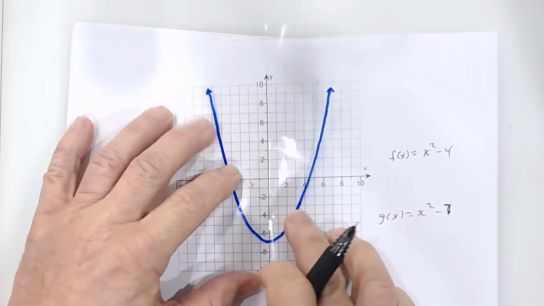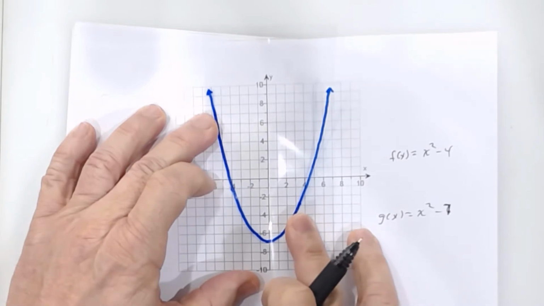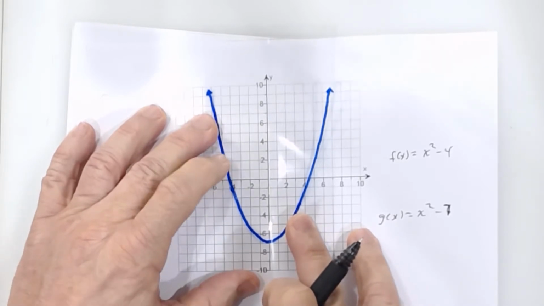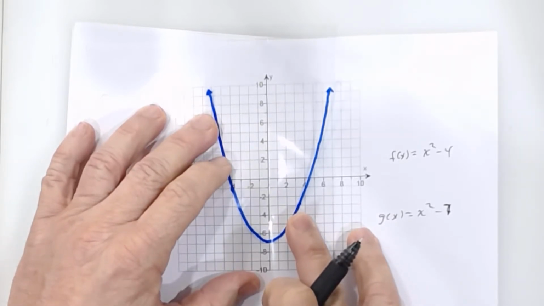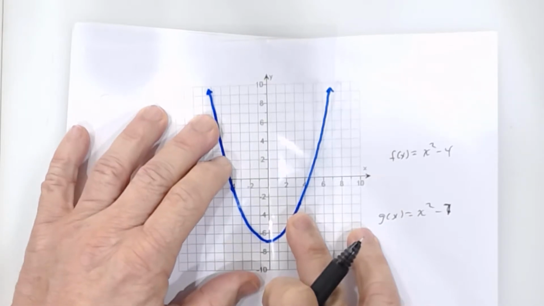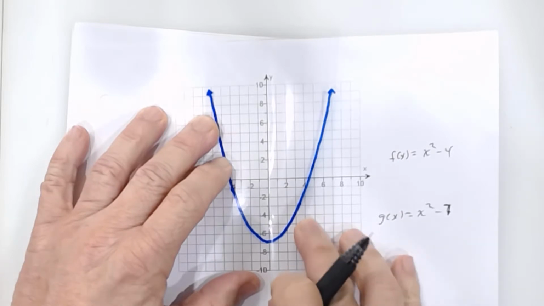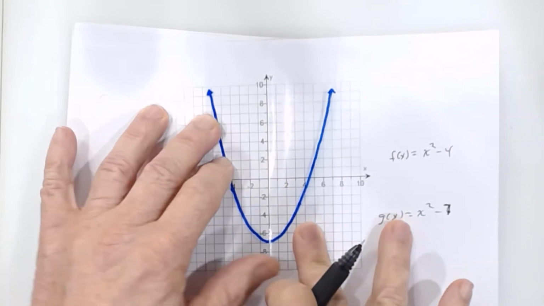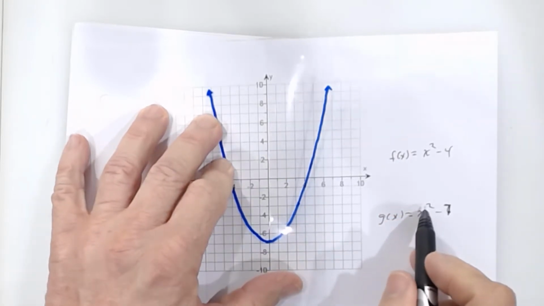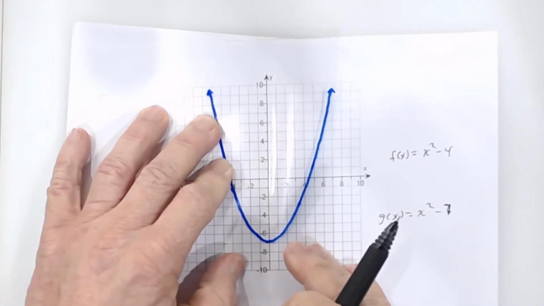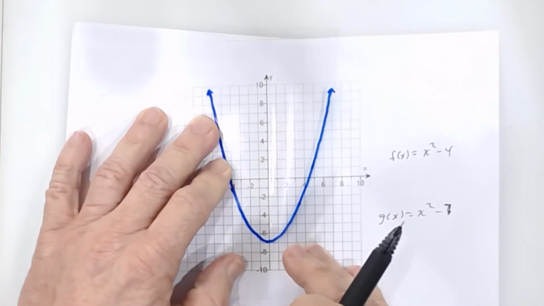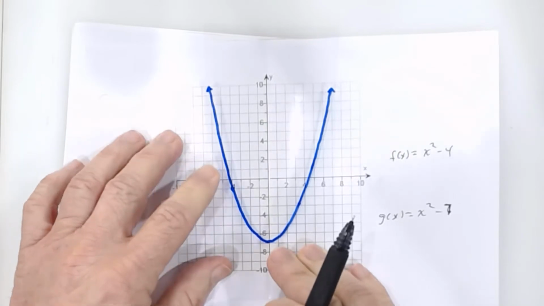So this right here is g of x equal x squared minus 7. Is it still an even function? Yes, because it's symmetrical about the y-axis. But what do you notice about the variable, and the only term you see is this one? What do you notice about the exponent? It's even. All right? Okay.